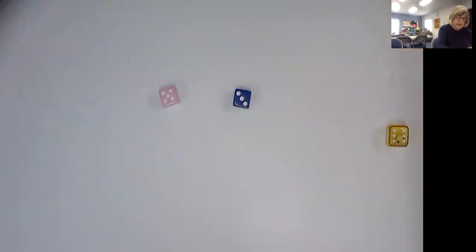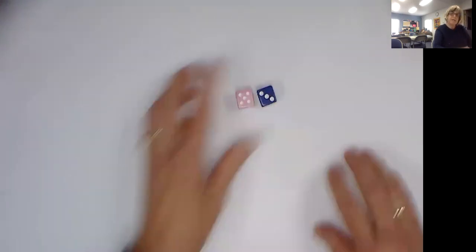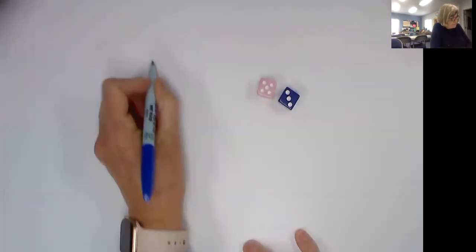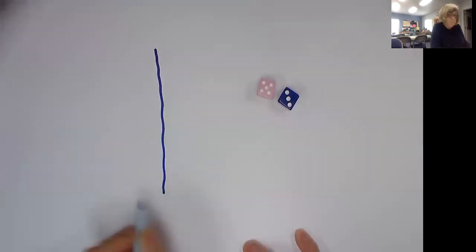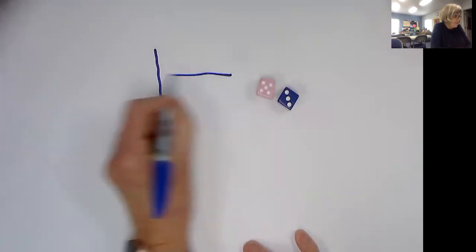So knowing that, let's just learn a quick way to play a game that's simple, doesn't require you to have a data sheet. Although teachers, I will provide the data sheet for you at the end. On this game, you're simply going to draw a T-table.